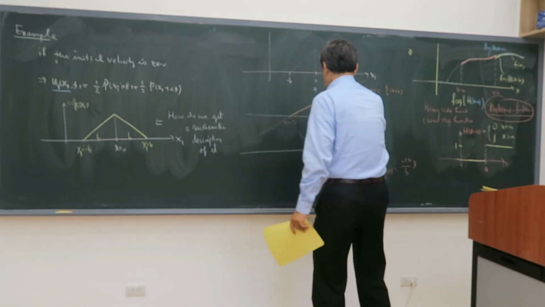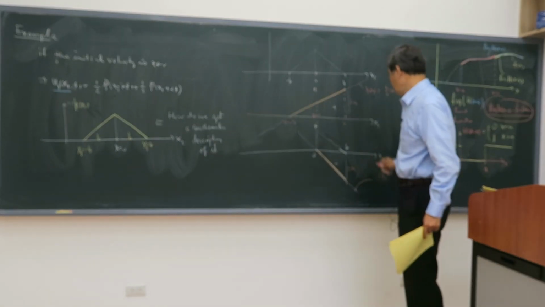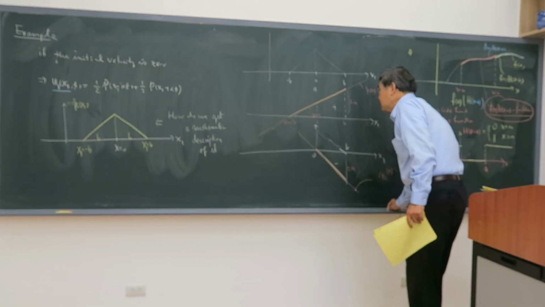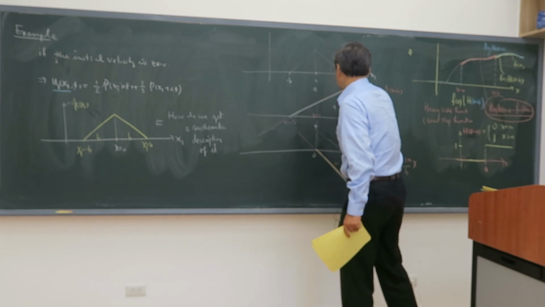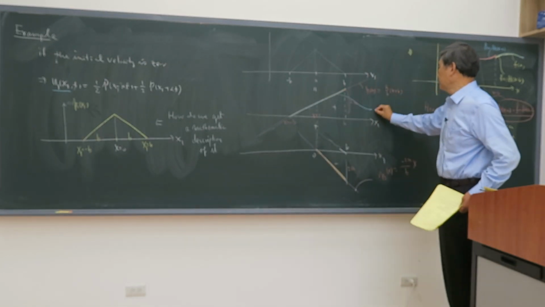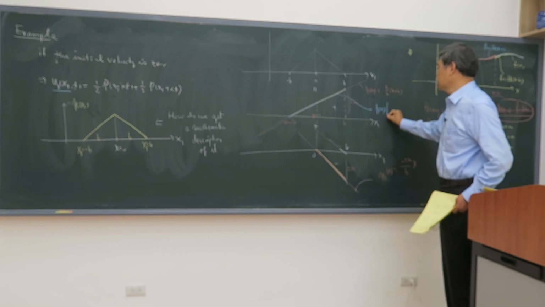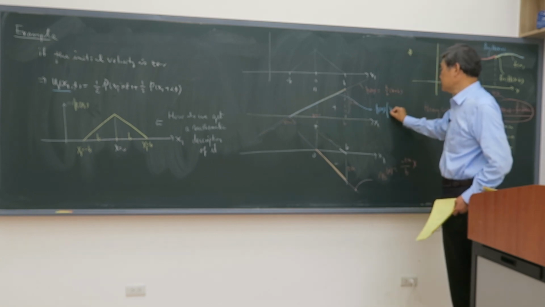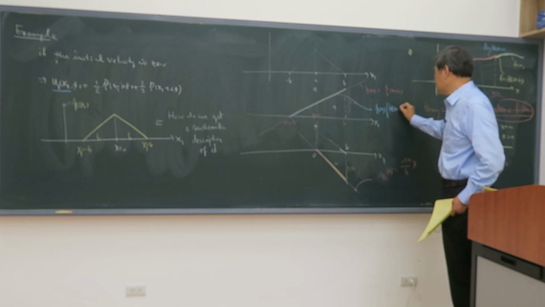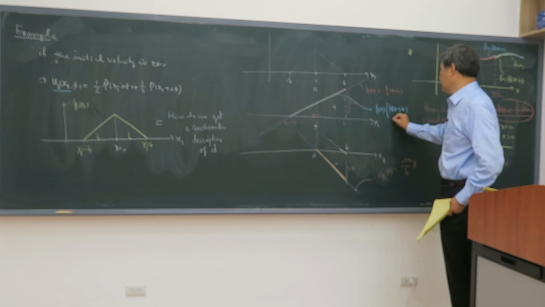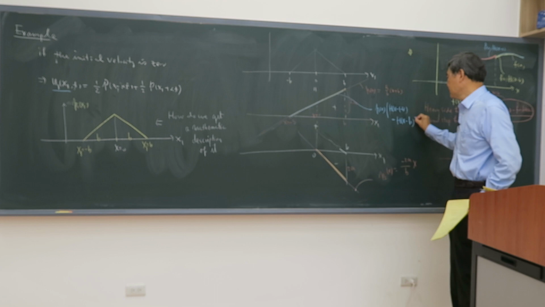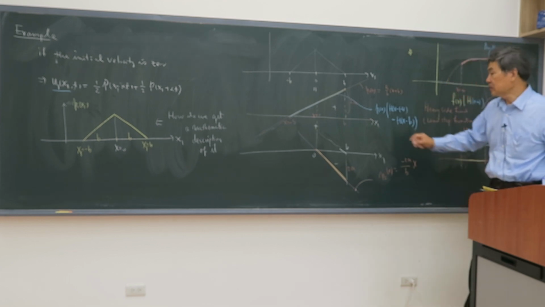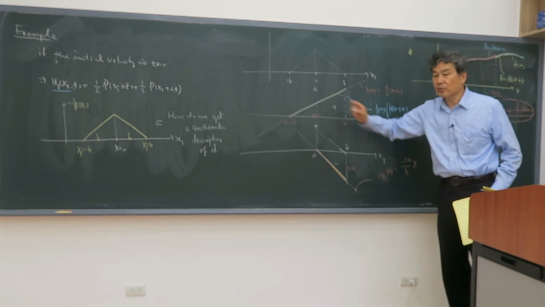So this one, and this one will be P1x times Heaviside x minus b minus Heaviside x minus b. Okay? This x equal b, I only need this part.